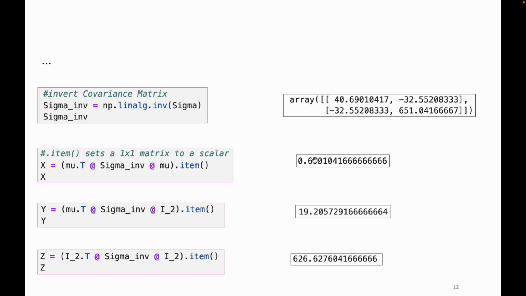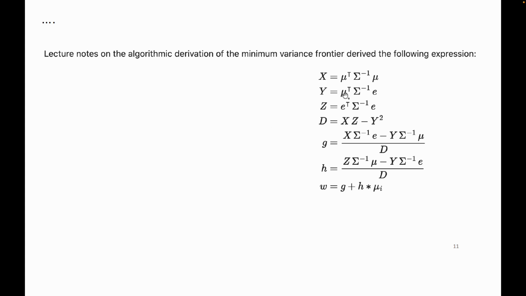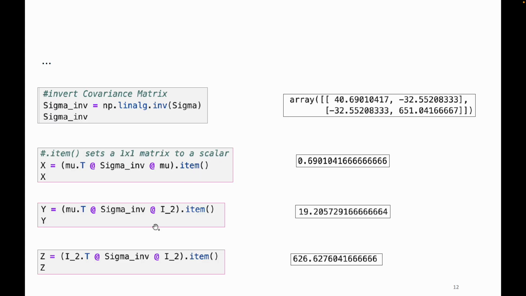Okay, so here's the solution. We do the same for y. We check y is mu transpose sigma inverse times the identity vector. So it's mu transpose, sigma inverse, times now my I underscore 2, my column vector with 2 elements, each being 1. Again, that would be a column vector with dimension 1 times 1, but I want a floating point number, so I say dot item.